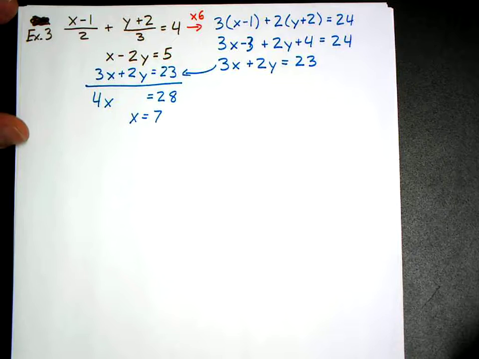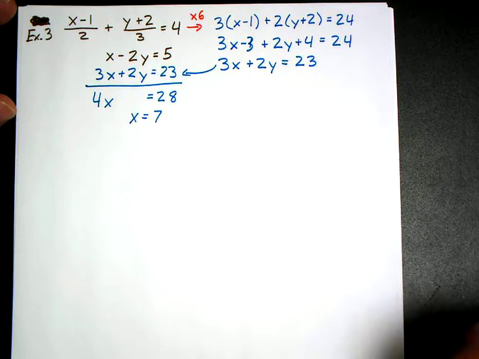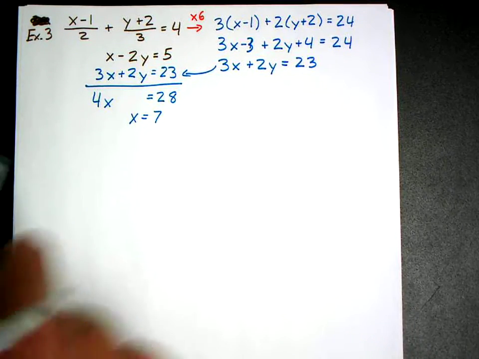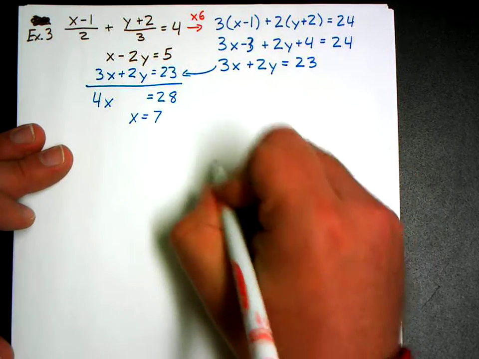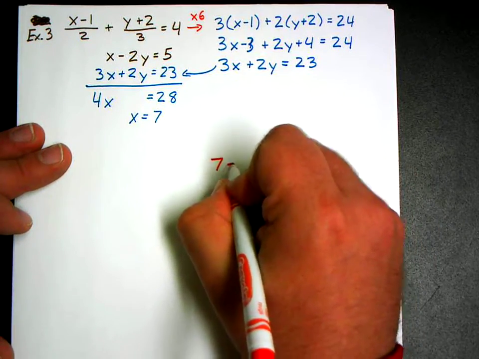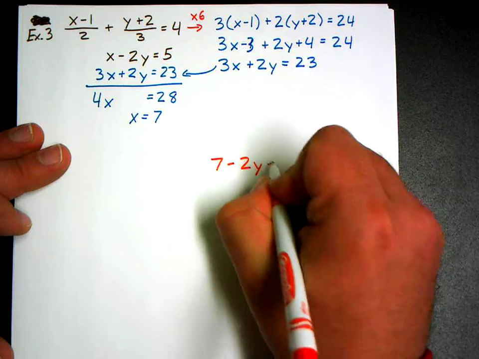Okay, so x equals 7. Put that back into one of the equations. So I'm just going to use the second one there. So 7 minus 2y equals 5.